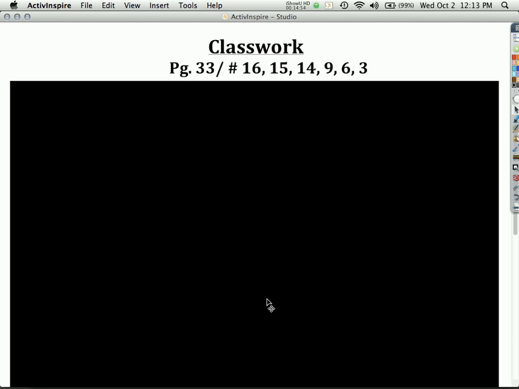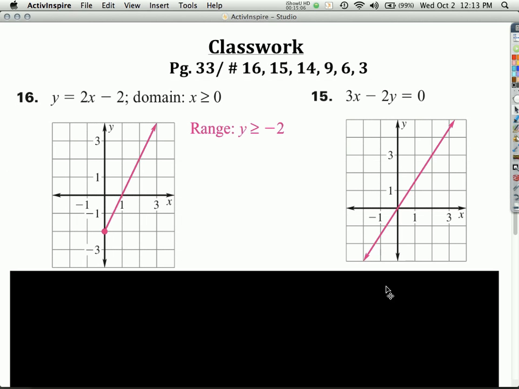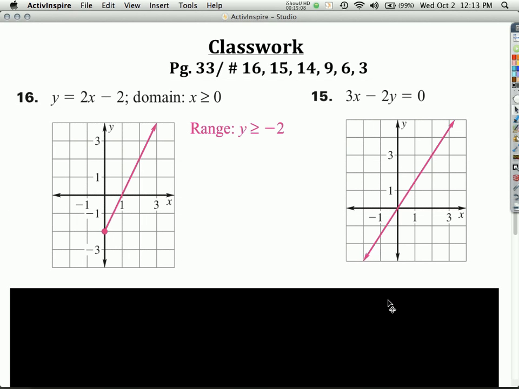Let's see how we're doing. Here's number 16 and number 15. Number 16, you were asked to graph and identify the range. So that took a little bit more thought, a little more effort.